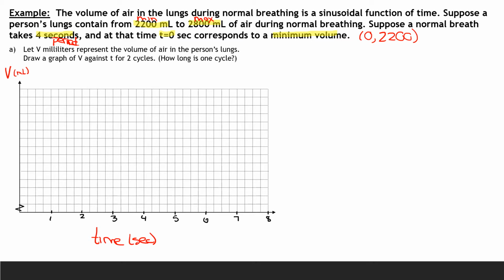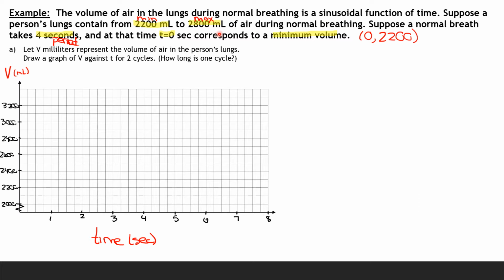And then I'm going to make my lower number here 2,000. And I need to get to 2,800. So I can easily count by 100s here and fit all of that in. I didn't need to go up to 3,000 or 3,200 here, but it's usually good practice to get a few numbers above and a few below your values in question.